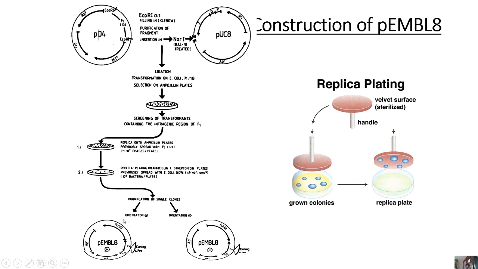For isolating this pMBL8, you have ample choices, ample protocols in front of you. You can isolate and purify these vectors, and then by sequencing, you will get to know in what orientation this phage genome may be inserted into the pUC8.